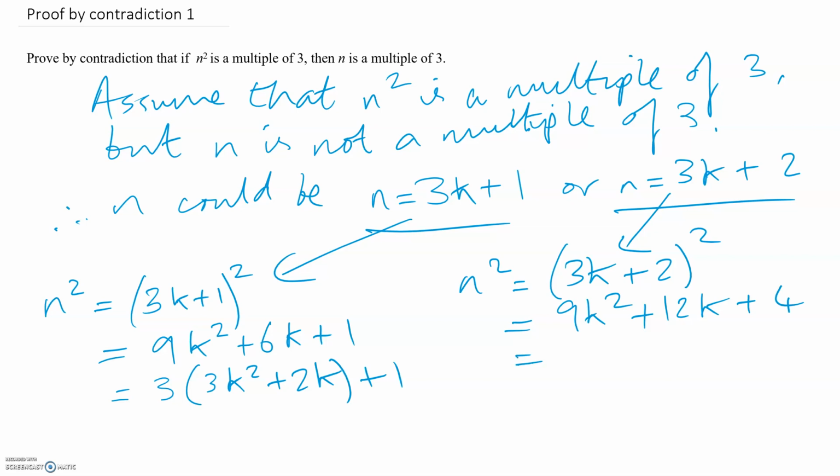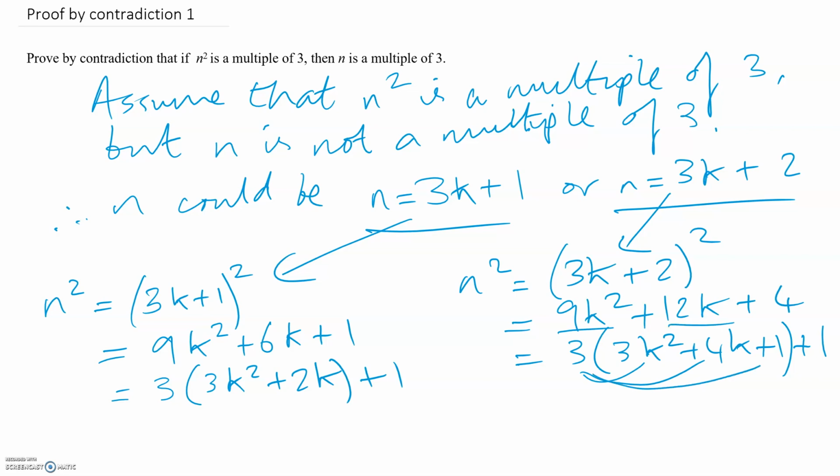And then we can take out 3 from here. Actually, let's put 1 here, and then that'll be a plus 1 as well. You can see that times that gives that, and that times that gives 3, which means we must have a 1 left over.